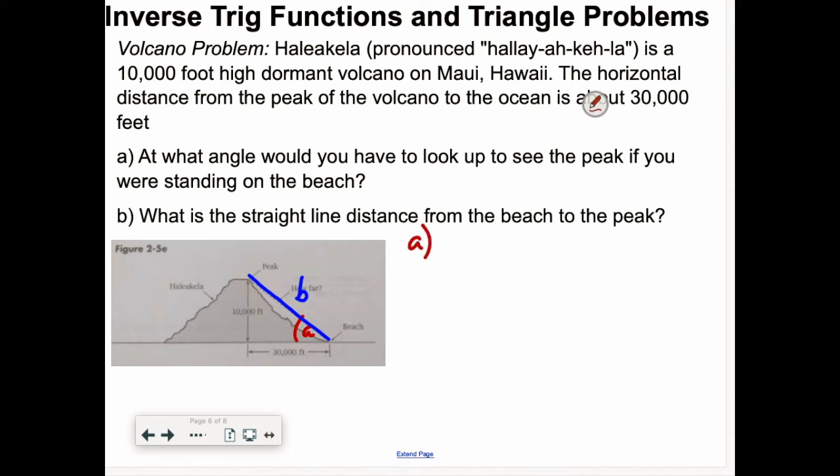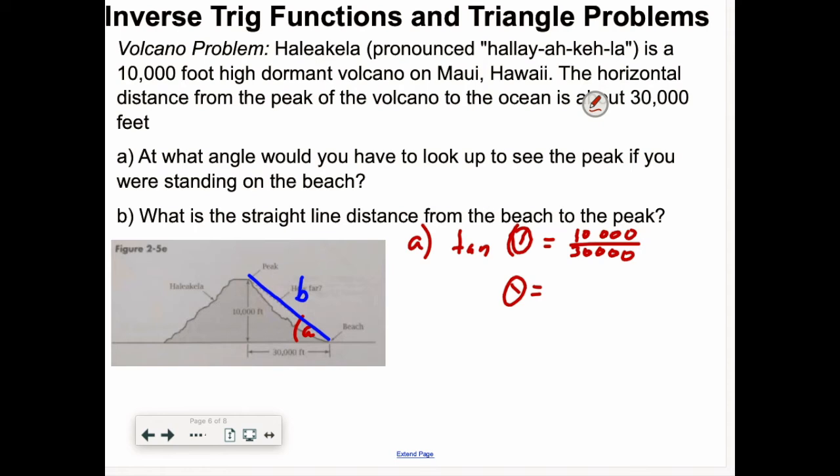In order to find A, I need to set up a trig function. So I'm going to use tangent of, let's call it theta, and that's going to be equal to 10,000 over 30,000. If you wanted to reduce that to 1 over 3, you could. It won't really make that big a difference.